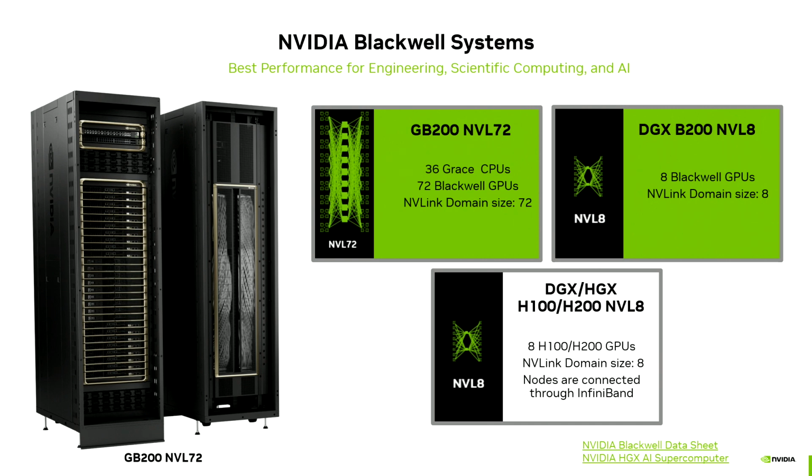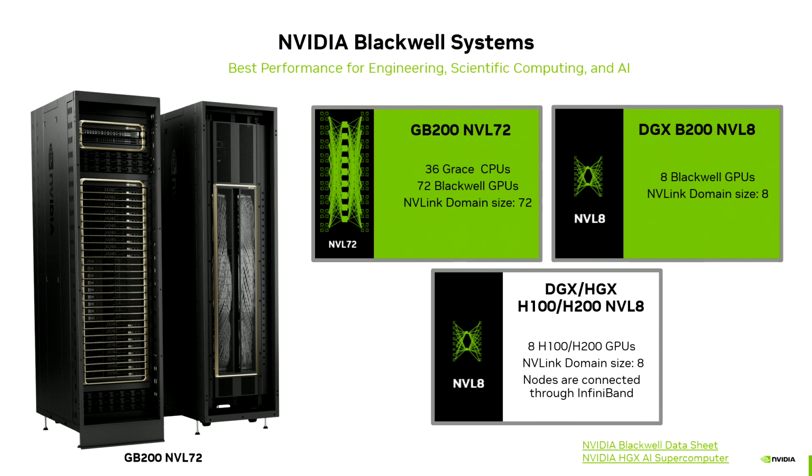One is GB200 NVL72. This was also highlighted in the keynote yesterday. And the other one, DGX B200 NVL8. At a system level, these two are different. One, in terms of host, in the GB200 system, we use Grace as the host, which is different from the DGX system where we use x86 CPUs.